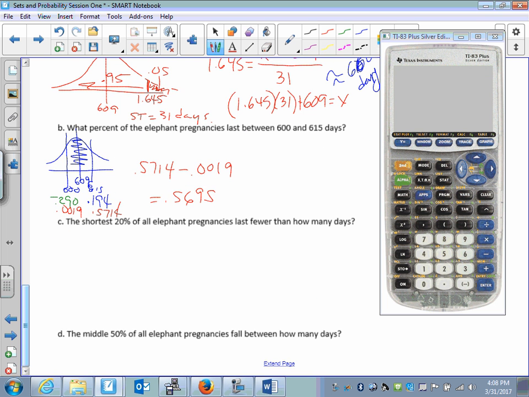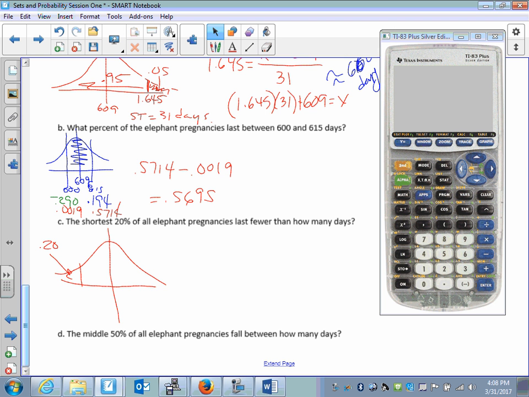The shortest 20% of all elephant pregnancies last fewer than how many days? Okay, so now we want the shortest 20%, so 0.20 here.